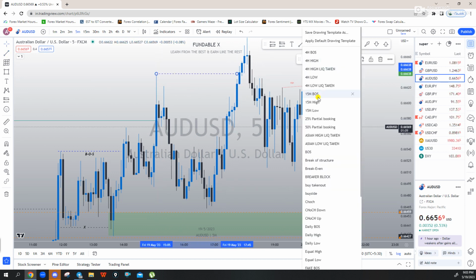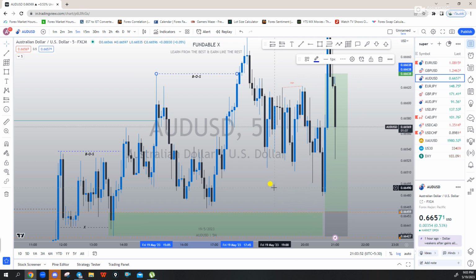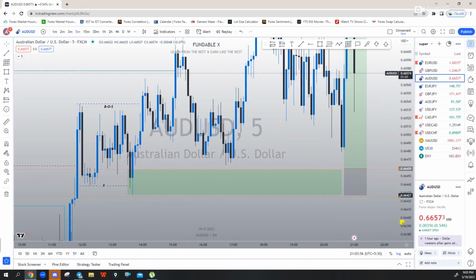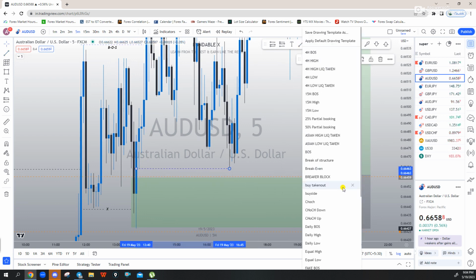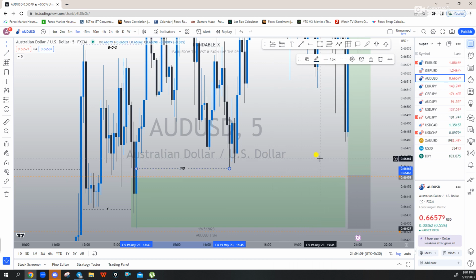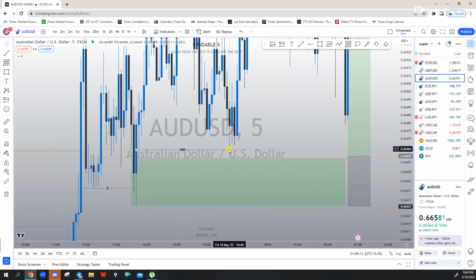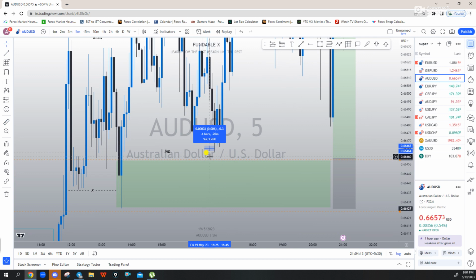But in my point of view, the market came down and left a mitigation. It didn't mitigate this particular point and it has left an inducement behind, which is over here, right? This was an inducement which is not swept, not this point, just this particular point I'm talking about, this level.